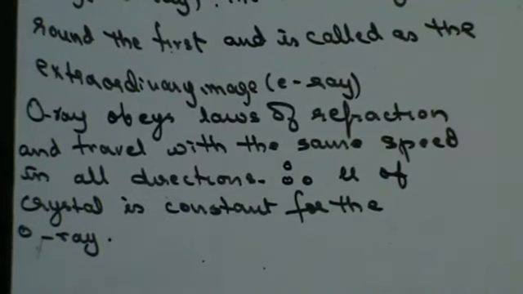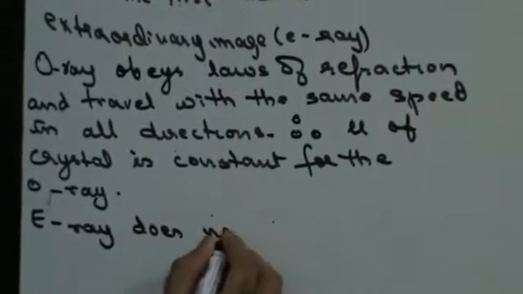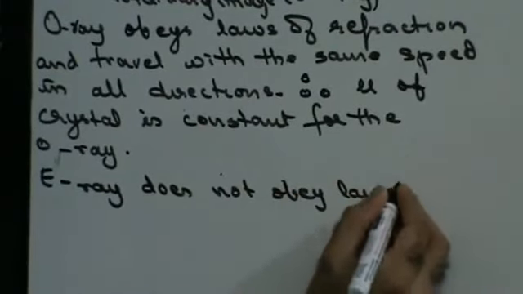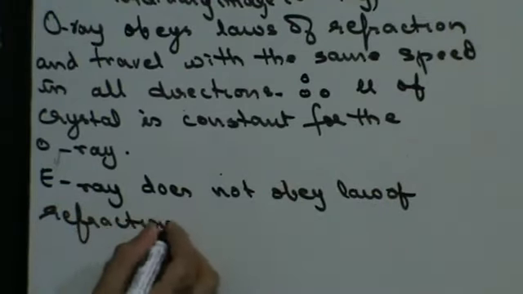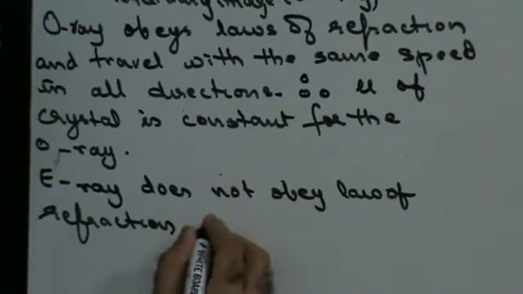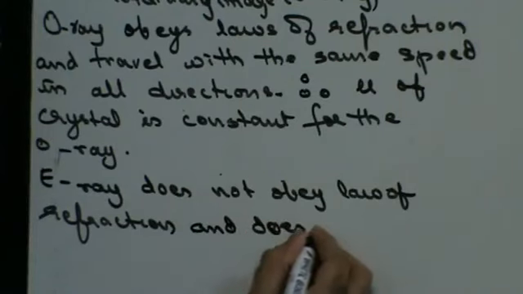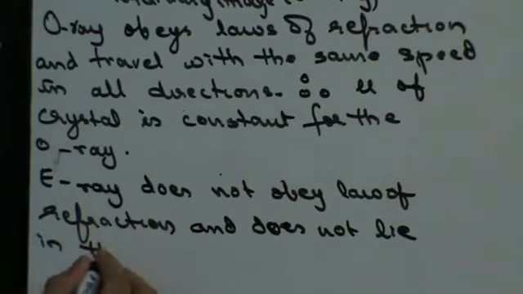The extraordinary ray, the E ray, does not obey the laws of refraction. It does not lie in the plane of incidence.